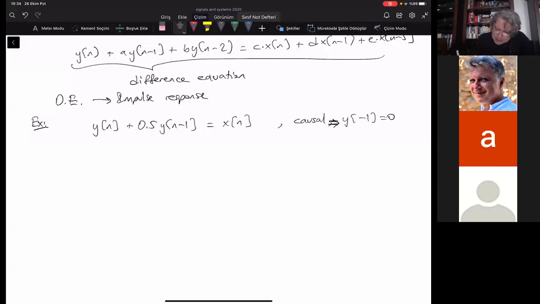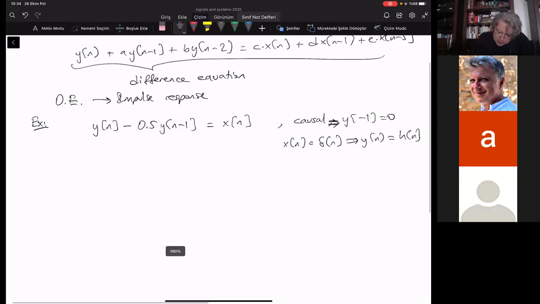But I want to make this to be a minus. This makes more sense. So when x of n is equal to delta n, then y of n will be h of n, the impulse response, which is what we are looking for. So let's apply an impulse. What is an impulse? That impulse is 1 at n is equal to 0.